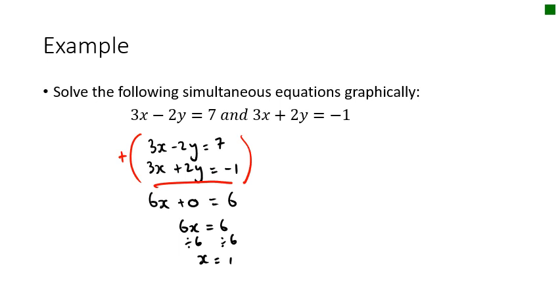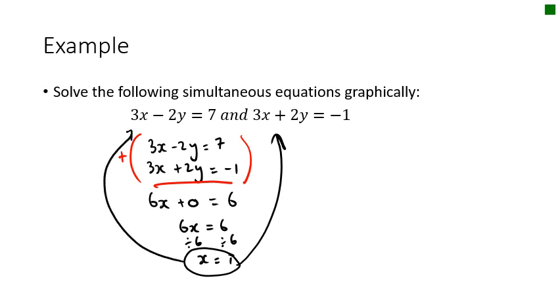Pretty simple. So now what I can do is substitute this back into one of these equations. It doesn't matter which one I choose. For argument's sake, let's choose this one. All right. So I end up with 3 lots of 1, because I know x is 1, plus 2 lots of y must equal minus 1.